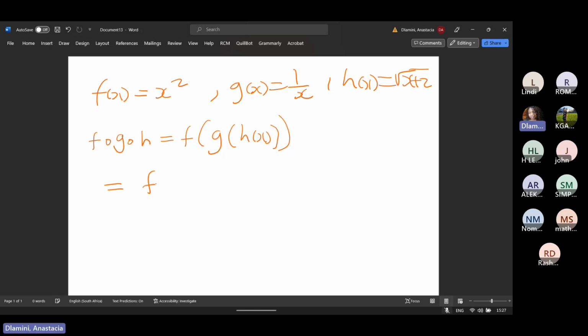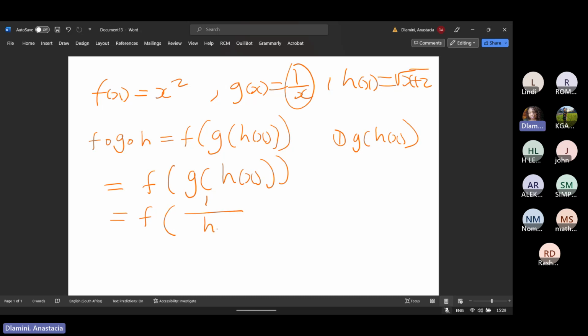Now, it means that inside of f, you put g of x, which has h of x inside. So the first step is to find g of h of x. That means f, where there is g, where g is this one. So you put 1 over h of x.